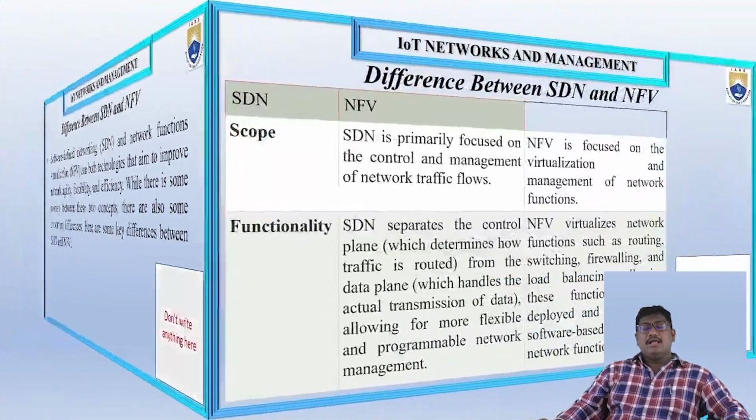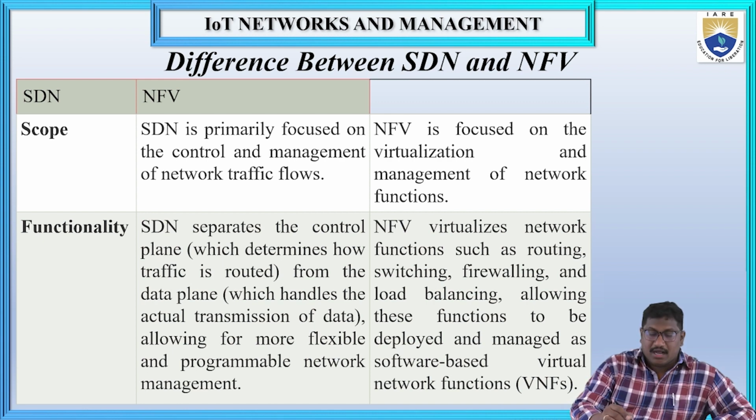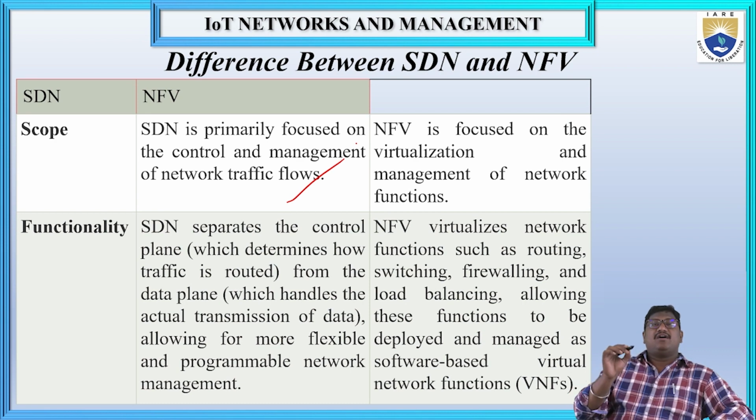And have a look at what the differences are when comparing multiple factors such as scope and functionality. Multiple things are there which are going to be discussed in the coming slides. Have a look at SDN and NFV, how the scope of these factors is. As I told you, SDN is primarily focused on controlling the management of the network.